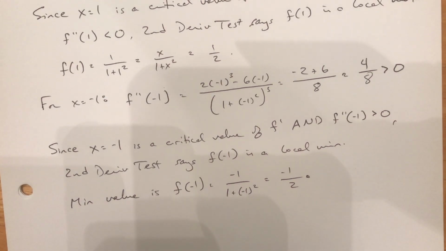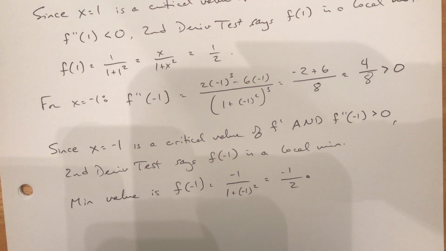We are bringing all of these functions together to get information about what the graph looks like, what these extreme values are. Each function tells us something different. F, the original function, tells us how high that local max is, how low that local minimum is.